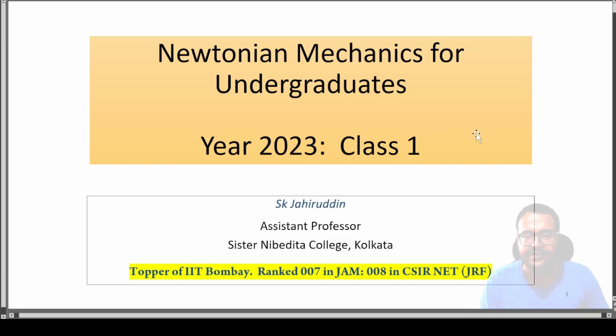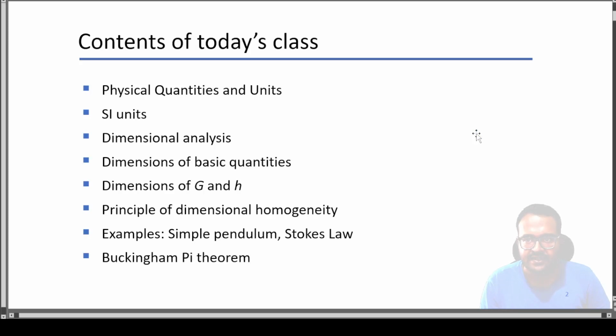You already know that. In this class, we'll be discussing dimensional analysis. So, what will we learn? We'll learn physical quantities and units. What are SI units? What does dimensional analysis actually mean? We'll derive dimensions of some basic quantities as well as the gravitational constant and Planck's constant.